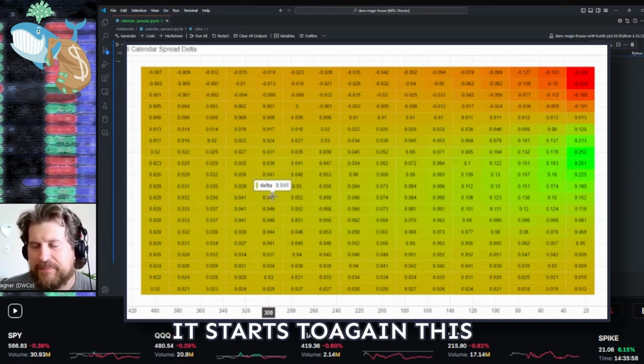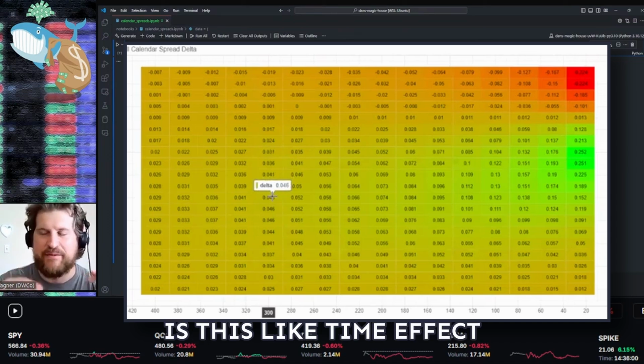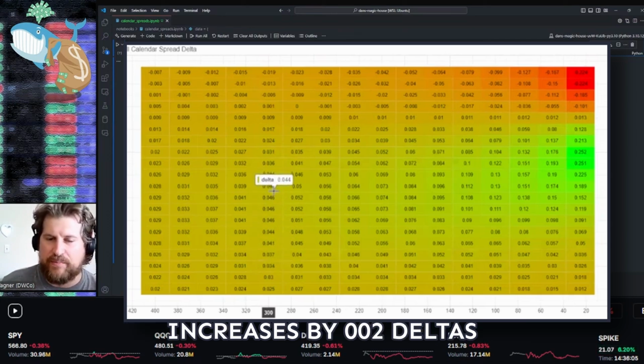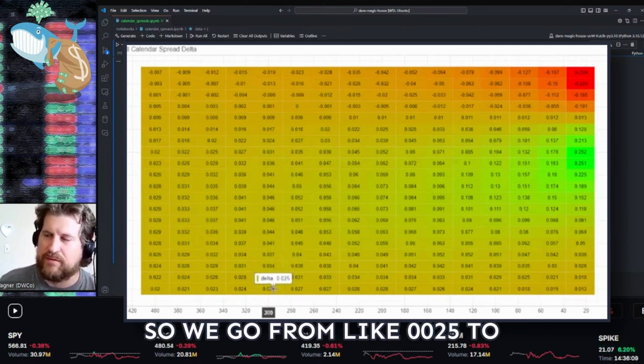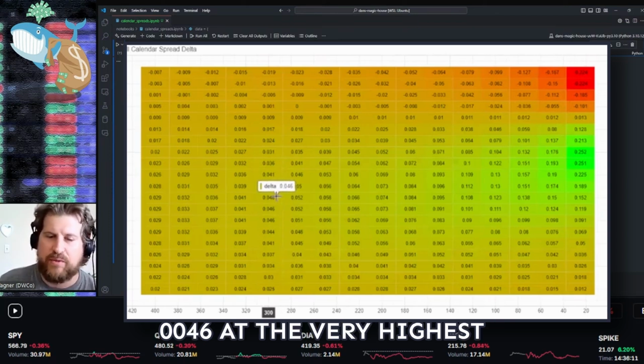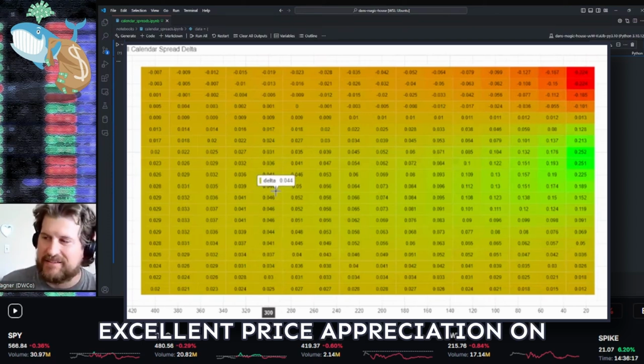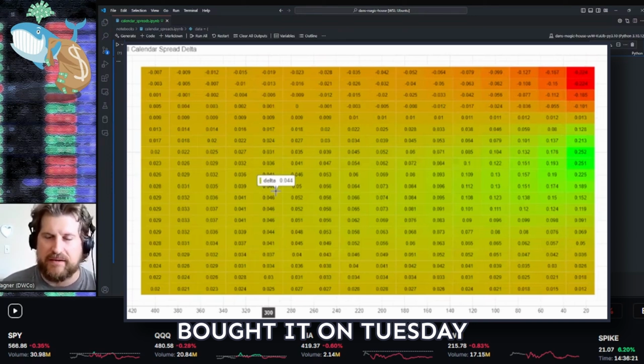Again, this is the time effect that's taking place here, but you can see that the delta increases by 0.02 deltas. So we go from 0.025 to 0.046 at the very highest, and that's if we get this excellent price appreciation on Wednesday because we bought it on Tuesday.